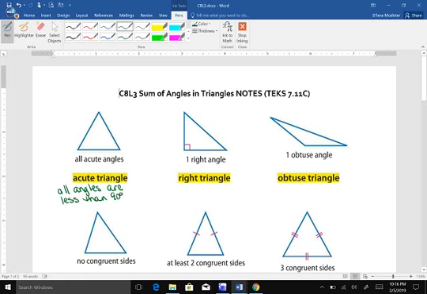Right triangles mean that it has one angle equal to 90 degrees. An obtuse triangle means it has one angle greater than 90 degrees.